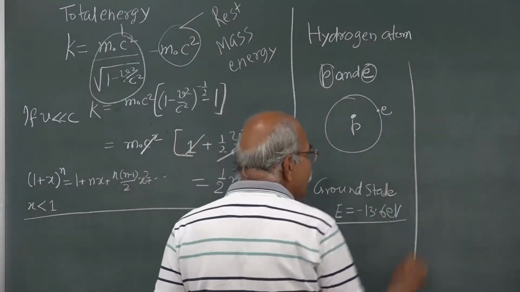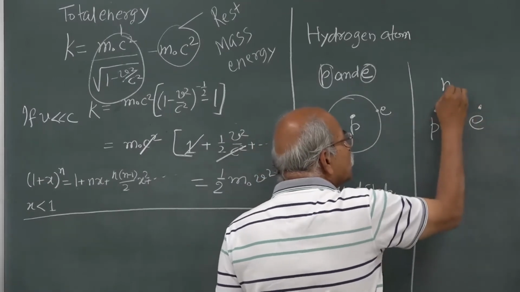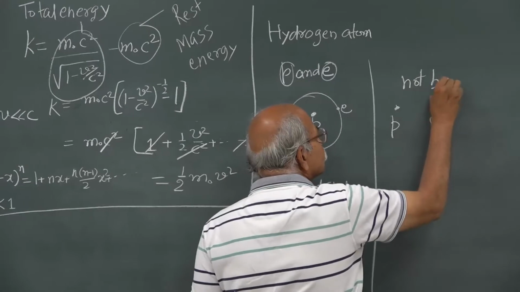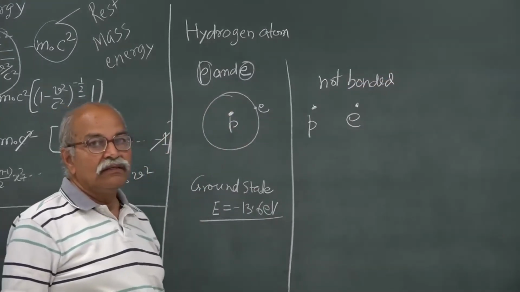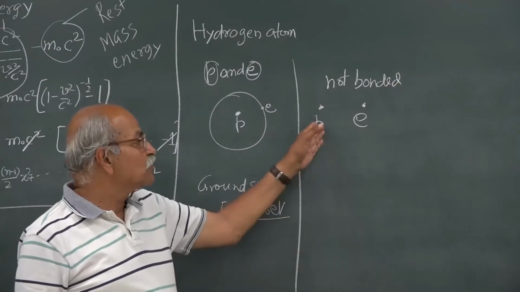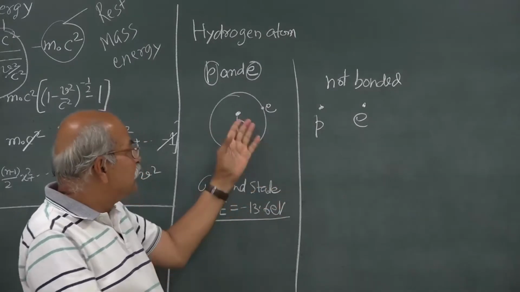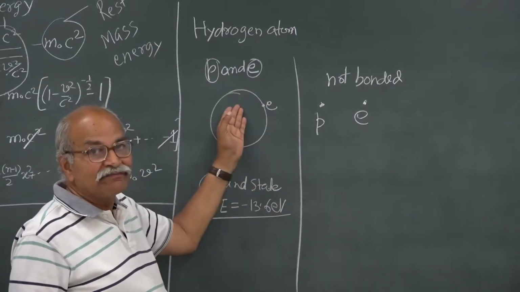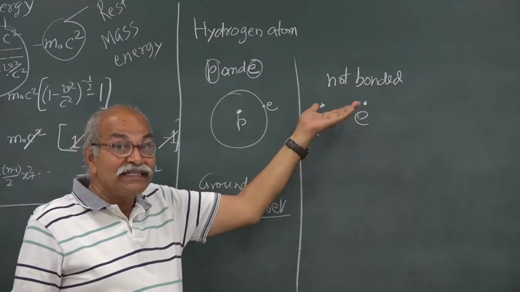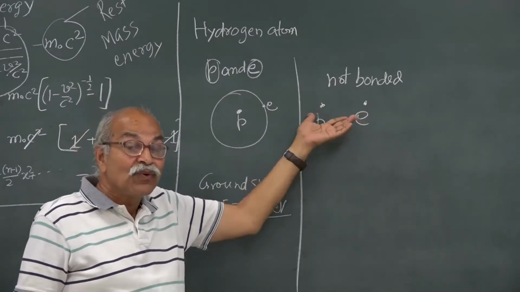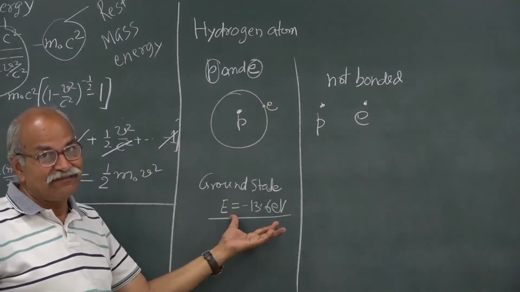So, if you have a proton and an electron which is not bonded, no bonding, this is a combination of proton and electron, but when they are bound it becomes a hydrogen atom. Now, compared to this energy, if you call this energy as 0, then this energy is minus 13.6 eV.